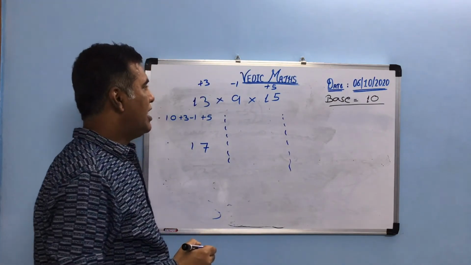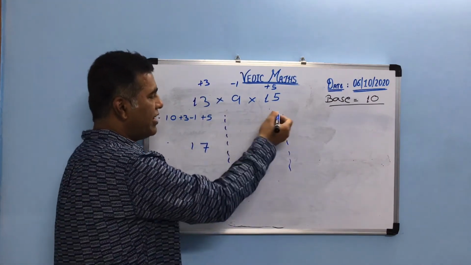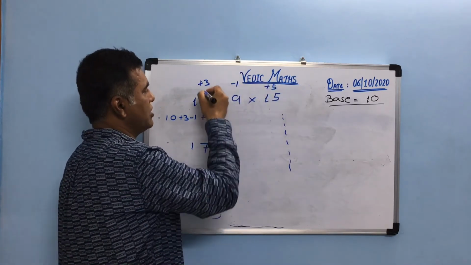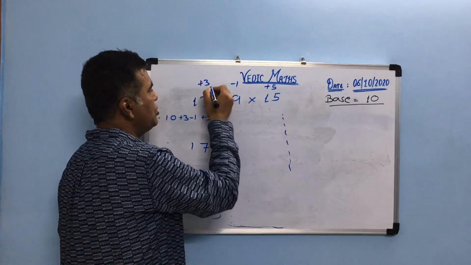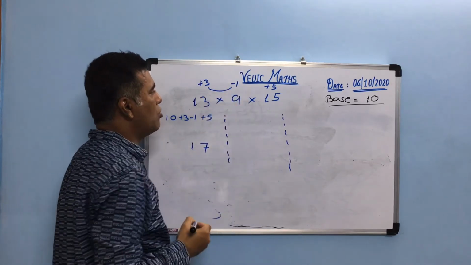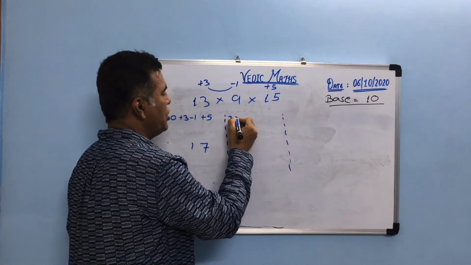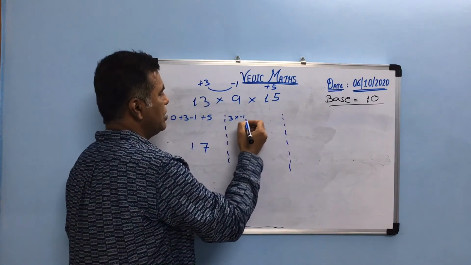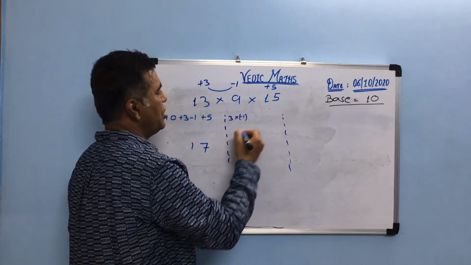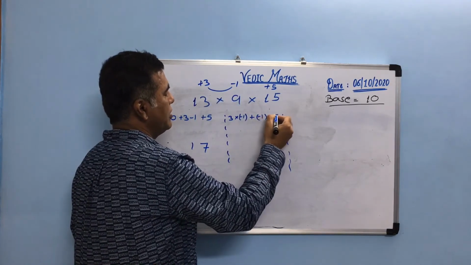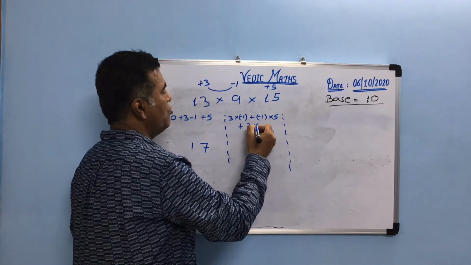Then what will I do? In the second column, what will I write? I will take the product in pairs of the differences. That means 3 into minus 1, that will be minus 3. Then minus 1 into 5. Then 3 into 5.